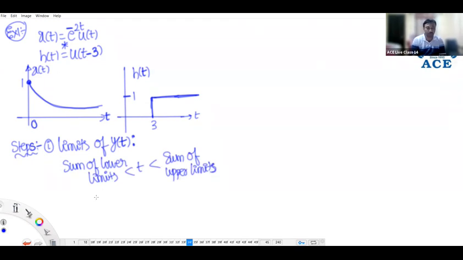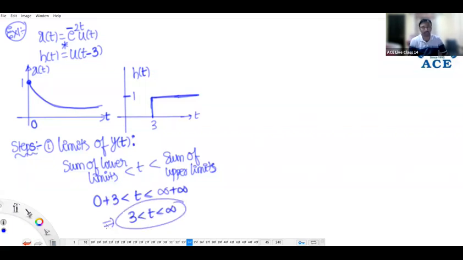What is the sum of lower limits for both the signals? 0 plus 3 less than t. Upper limits infinity plus infinity. It is confirmed from the first step. Output is there only for t greater than 3.